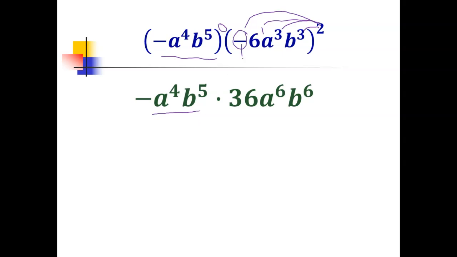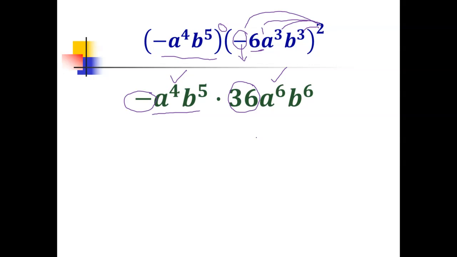The negative sign is completely gone, as you can see, because I changed it to positive. 6, 1 to the power 2, 6 squared, that became 36. 3 times 2 became 6, and 3 times 2 became 6. So now I'm going to arrange this. I will put the negative sign first, then I'm going to write the number next, and I will use the product rule.